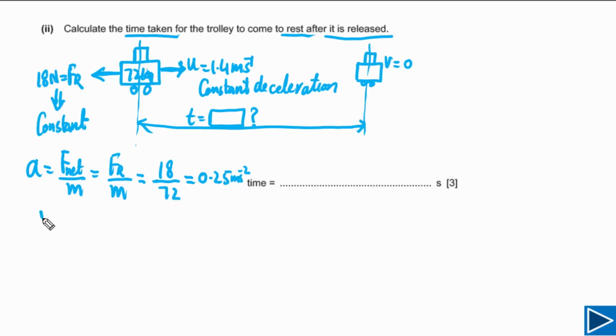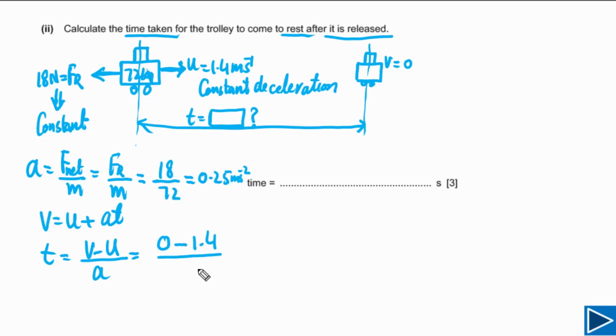we can simply use kinematic equations. v is equal to u plus at. We need to find time, so we can rearrange this to t equals v minus u over a. For this part, v is equal to 0, and u is given as 1.4. We need to divide by a.